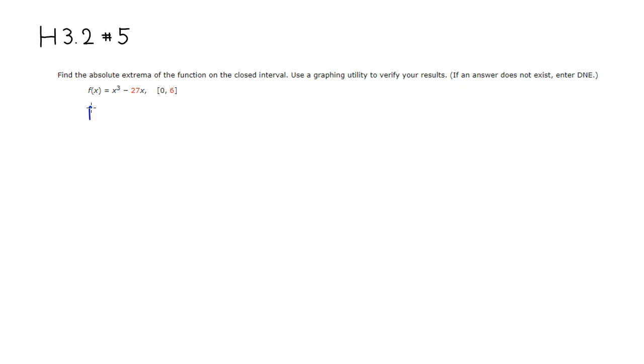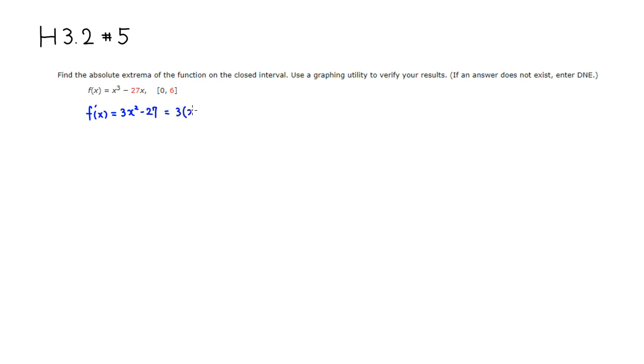So we have f prime of x equals, the derivative of x cubed is 3x squared, and the derivative of negative 27x is negative 27. Since 27 is a multiple of 3, I'm going to pull out the 3.